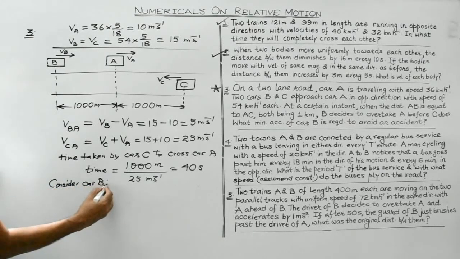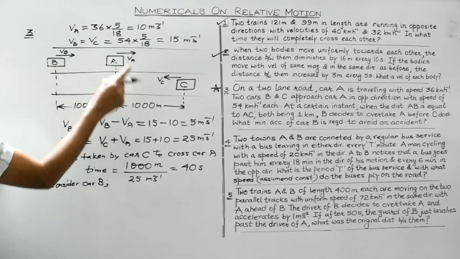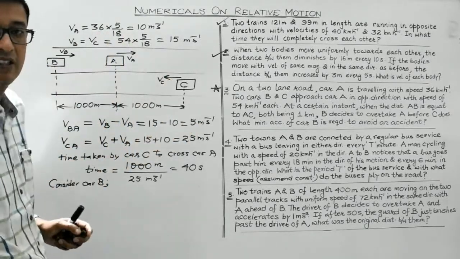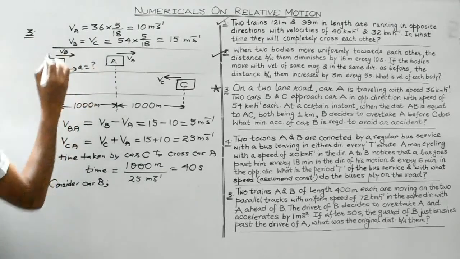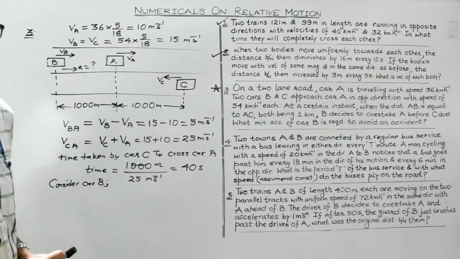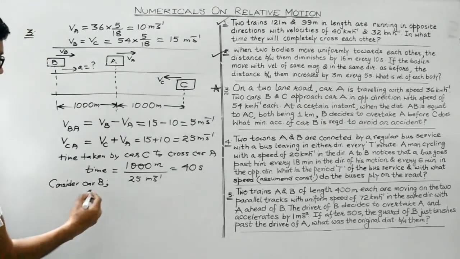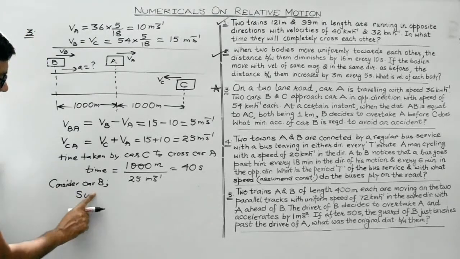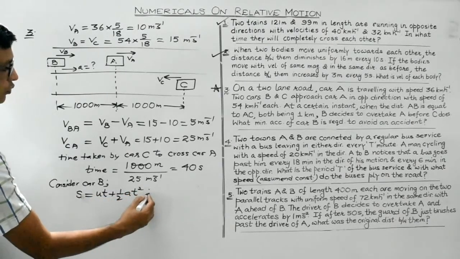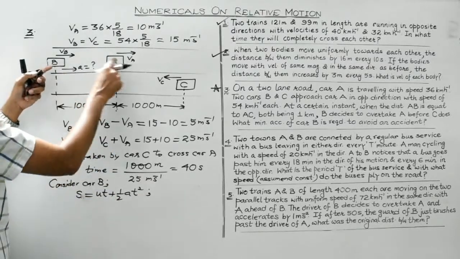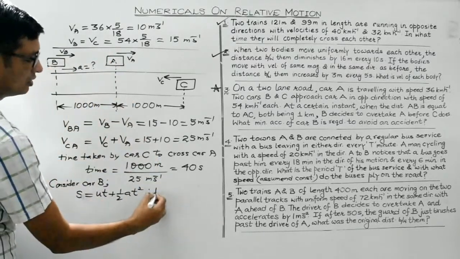Now consider car B. Its effective speed with respect to A is 5 meter per second, and it needs to accelerate. Right? So it is the case of uniformly accelerated motion, and we can make use of the second equation of motion, which is S equals ut plus half at square. What is S? The distance which car B needs to cover: 1000.